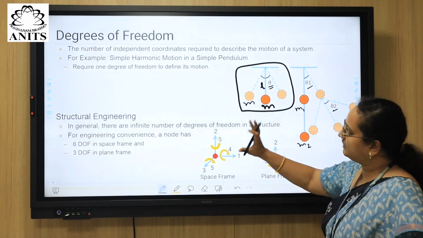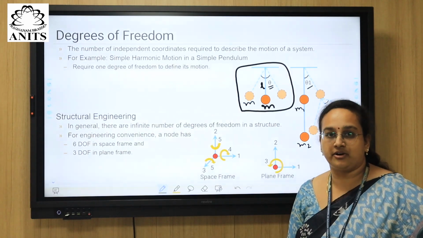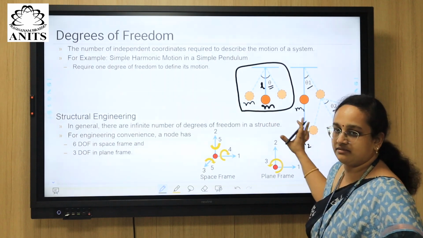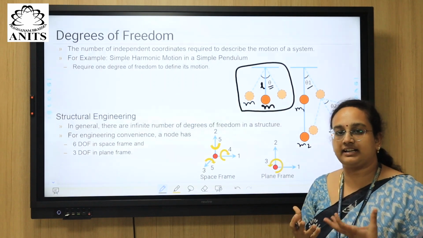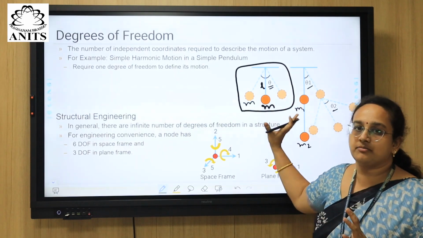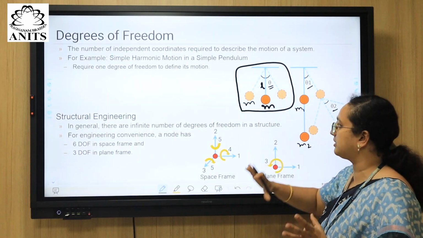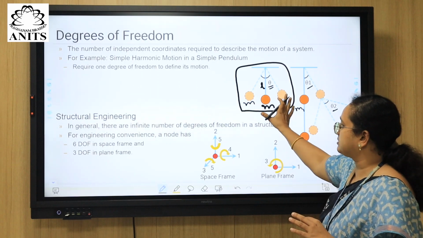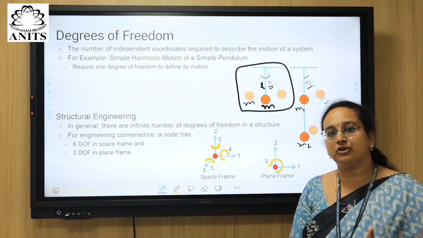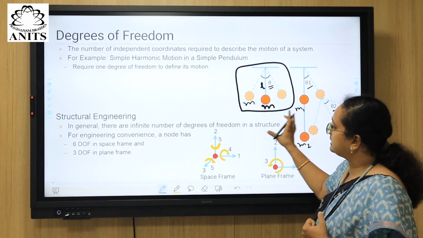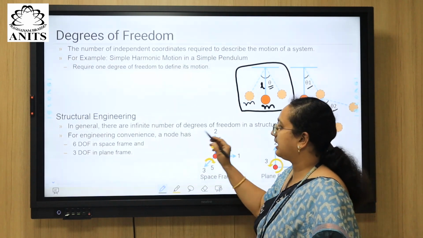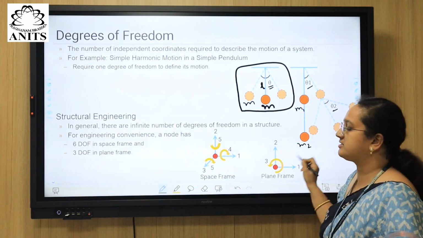So with this, if we talk about the structural engineering point of view, degrees of freedom we can define for any mass attached to it. Let us talk about mass only, there are other parameters that we can discuss later. In general, there are an infinite number of degrees of freedom in a structure.